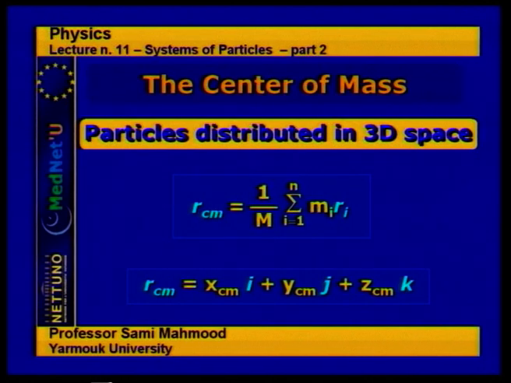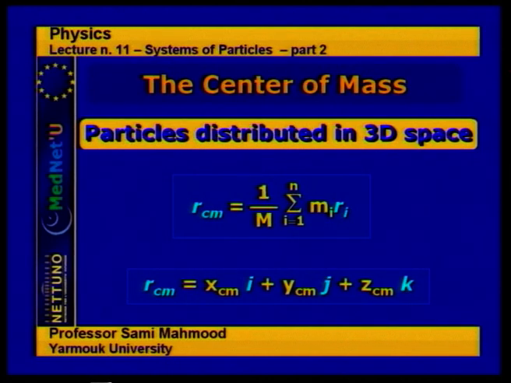The summation goes from the first particle to the last particle in the system, assuming that the system has n particles in it, where the position vector is given in terms of its 3 components as usual.